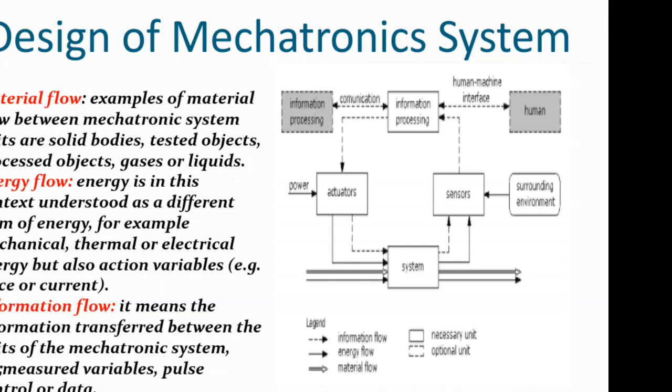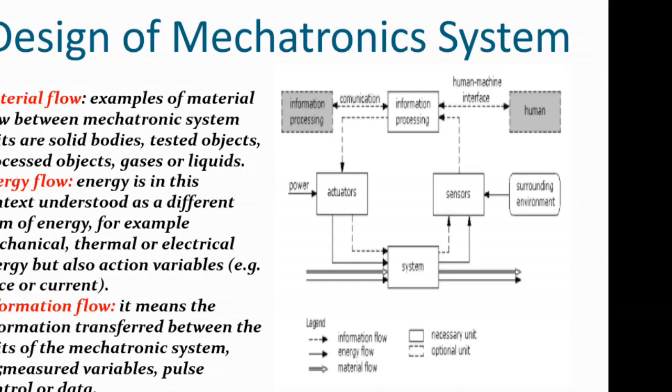So, how is the design of a mechatronics system? Every system has its own design. In a mechatronics system, there is a flow of three things: material flow, energy flow, and information flow.